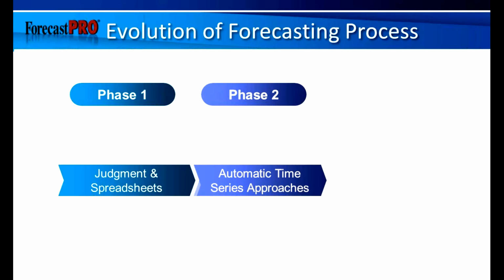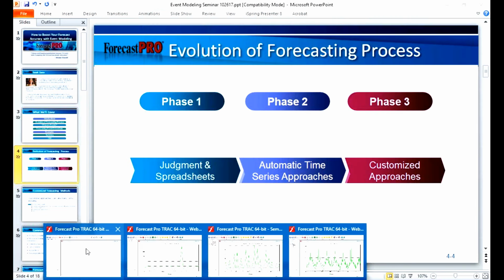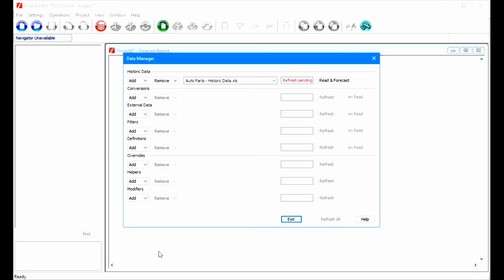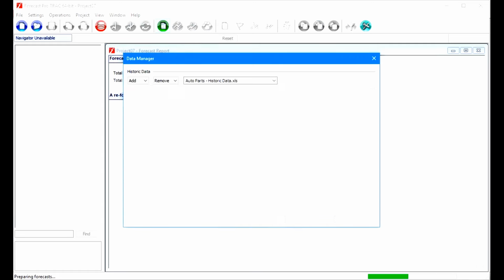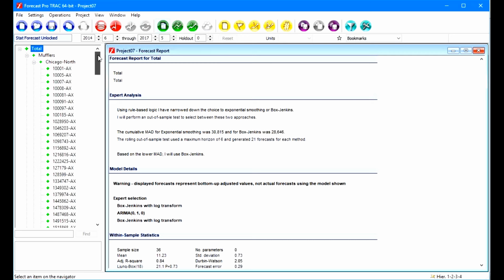So a quick example, just to show how straightforward this can be, going to our ForecastPRO Track product here. Here, auto parts, all we have is historic demand. Here with a click of a button and a wait of about 2 seconds, we have automated forecasts for all of these items, and they're all organized into this nice hierarchy out here.